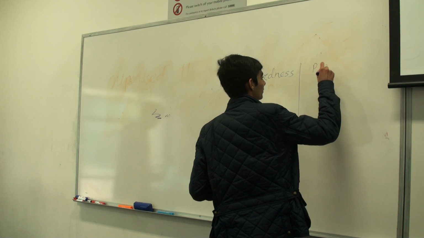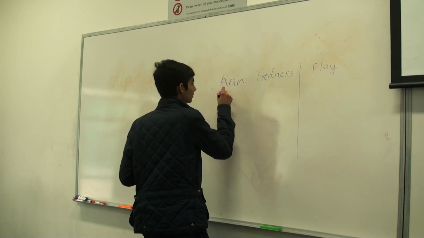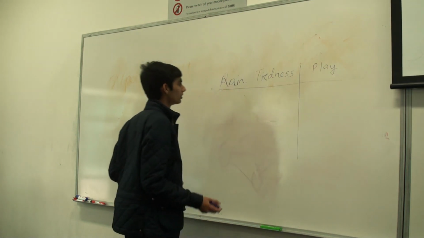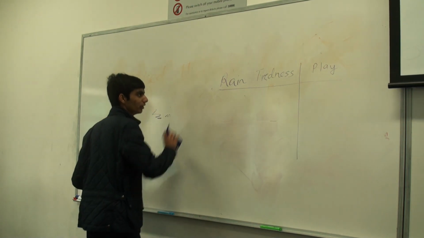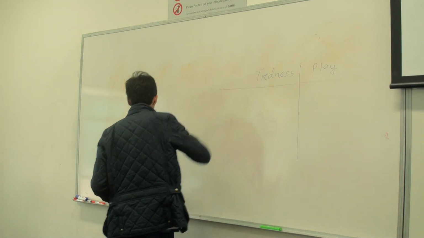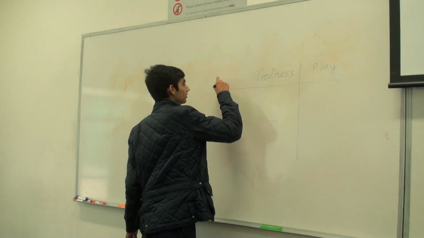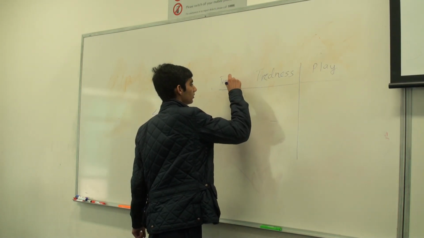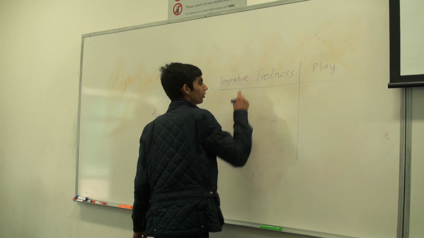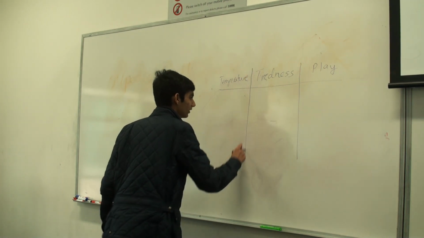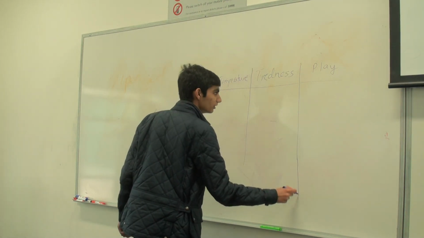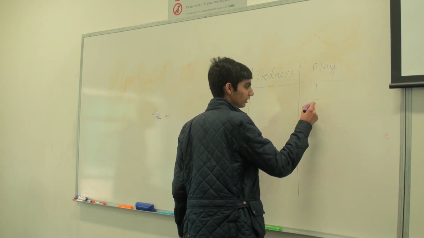So play. So let's say, these are pretty discrete, so we'll just change that to temperature. So temperature, tiredness, and whether we play will determine the outcome. So 1 we do play and 0 we don't.